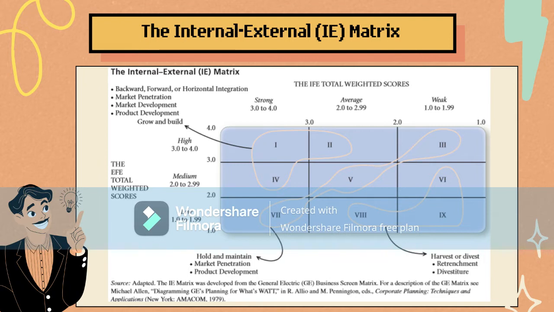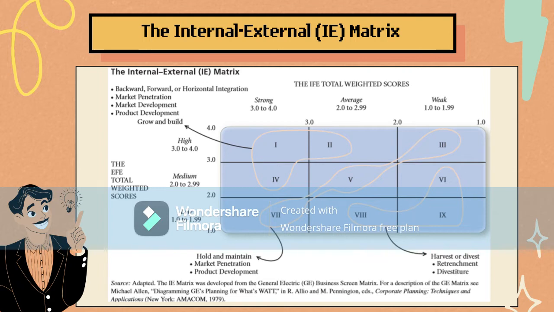Sa x-axis naman ng IE matrix, an IFE total weighted score of 1.0 to 1.99 represents a weak internal position, and a score of 2.0 to 2.99 is considered average, and a score of 3.0 to 4.0 is strong.